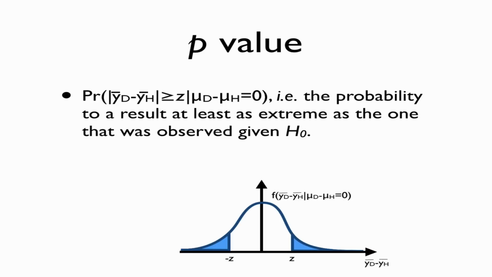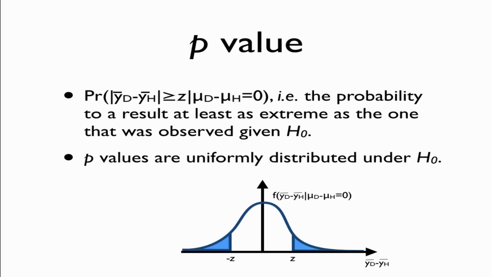And if this probability is low enough, the typical p-value thresholds that we use are 0.05 or 0.01. If the observed p-value is lower than that, we normally reject the null hypothesis and say that the alternative hypothesis is the correct one.